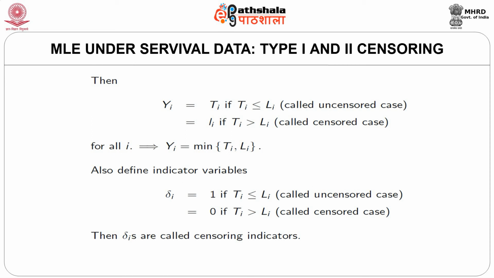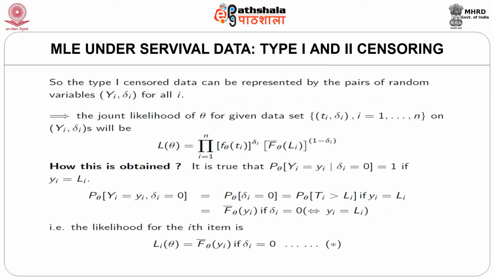Also define indicator variables delta i which takes the value 1 under uncensored case, that is when Ti is less than equal to Li, and delta i equal to 0 under censored case, that is when Ti is greater than Li. Then these delta i's are called censoring indicators. So the type 1 censored data can be represented by the pairs of random variables capital Yi, delta i for all i.